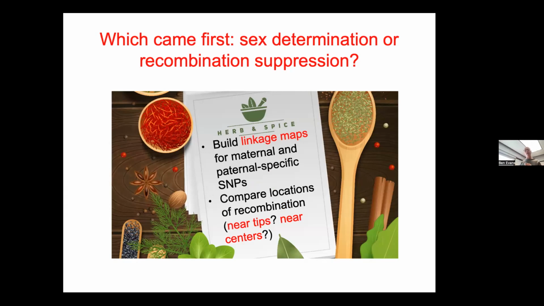By comparing to offspring, we can look at how those SNPs are associated or not associated, and infer how recombination happened during oogenesis in the mother and during spermatogenesis in the father. And we can compare the recombination events. We can ask how often they occur, and also where in the genome they occur in each sex.